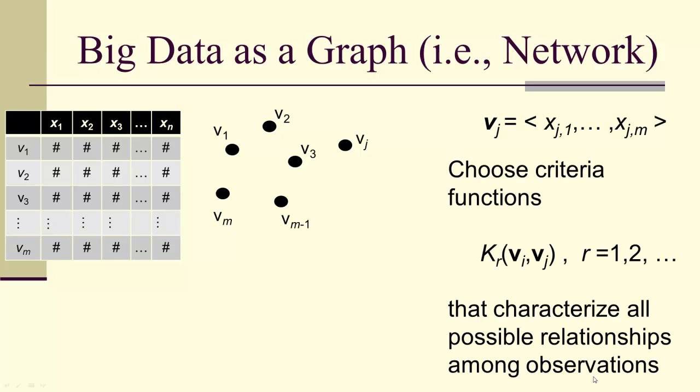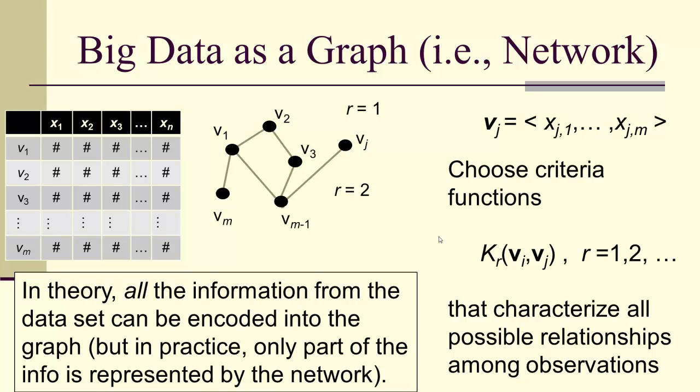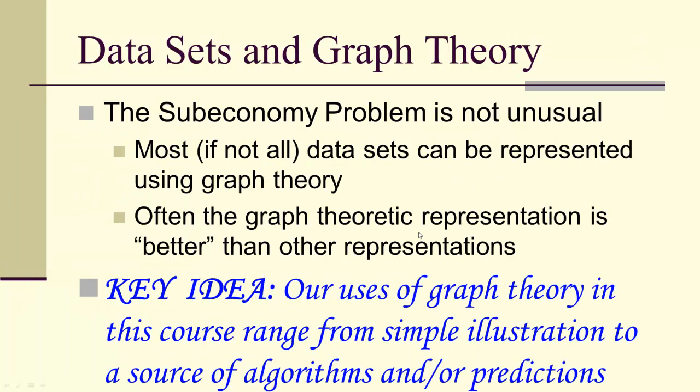So here's the first criteria function gives us these edges. The second gives us some more edges. In theory, all the information in the data set could be encoded into a graph. But in practice, we don't. We'll be using graph theory in this course from everything from simple illustrations to the basis of our algorithms and predictions.